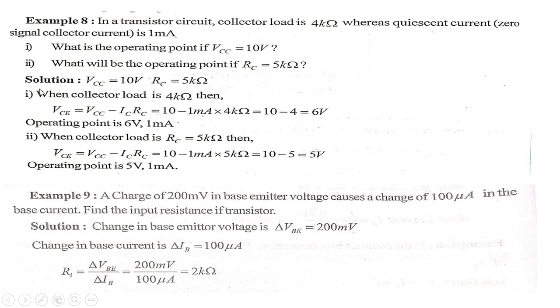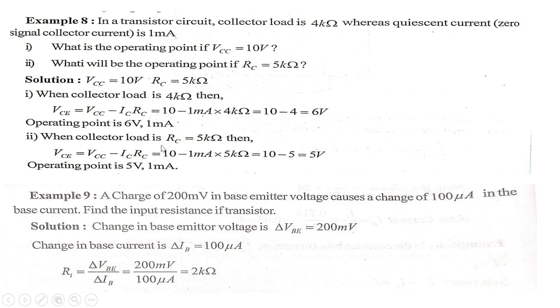Now see, when collector load is 4 kilo ohm, then VCE equal to VCC minus ICRC equal to 10 minus 1 milliampere into 4 kilo ohm, that is equal to 10 minus 4, that is 6 volt. Operating point is 6 volt, 1 milliampere.